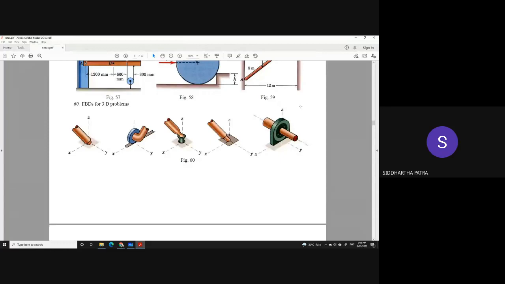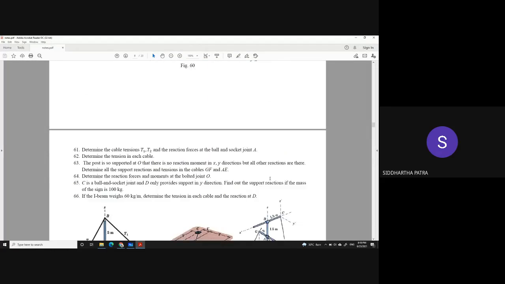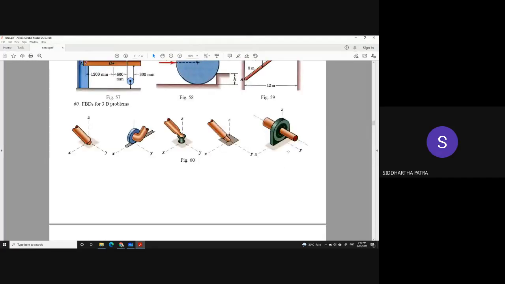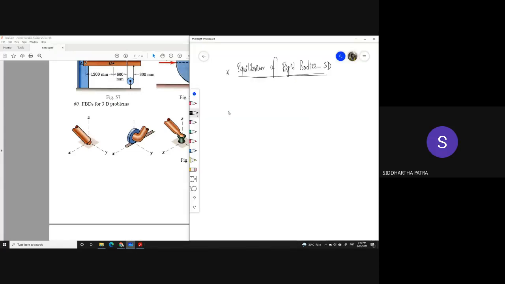So before going into 3D problems, let's look at some of the supports that are there. The first one: we are showing only a portion of a rigid body.